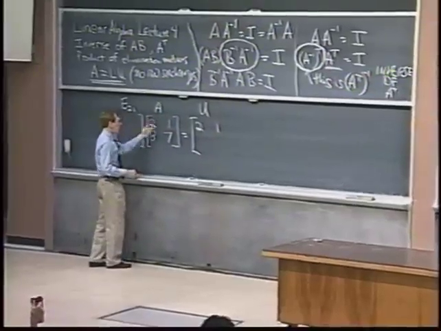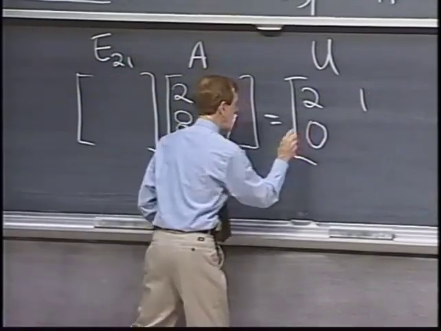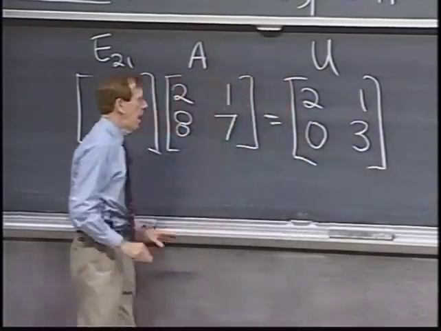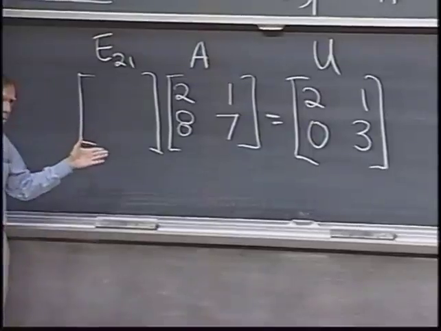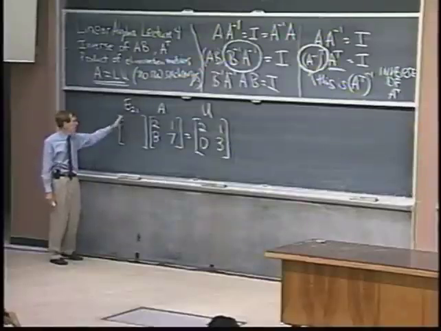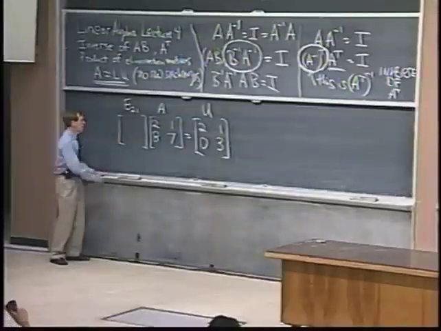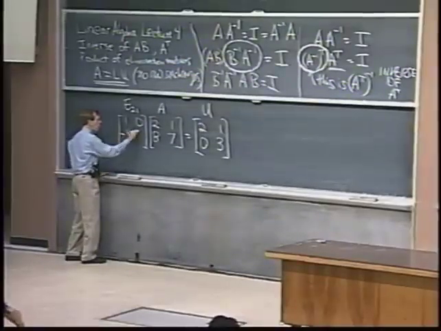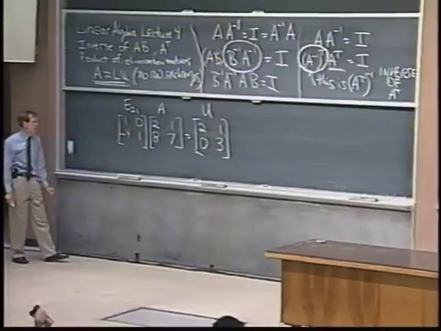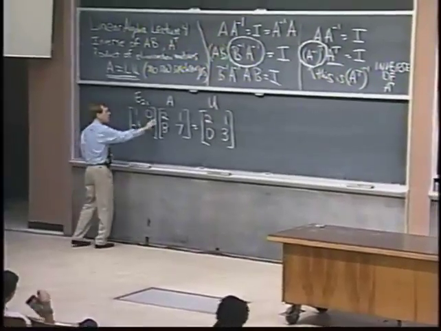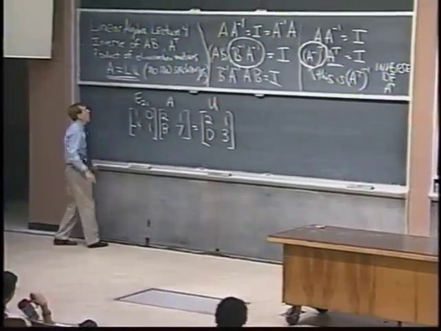I'm going to take 4 of those away from those, produce that 0, and leave a 3 there. And that's U. And what's the matrix that did it? Quick review then. What's the elimination elementary matrix E21? It's 1, 0, and -4, 1.